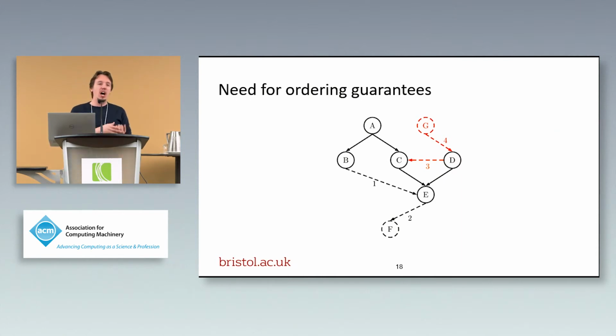However, if we don't guarantee those ordering properties, as some systems don't, what happens, for example in the case of edge 3, if we introduce edge 3 in the graph, we need to recompute D, C, and E. Same case with edge 4: we need to recompute D, C, and E. And if you can place a graph element arbitrarily in the graph, you may need to recompute the entirety of your graph.